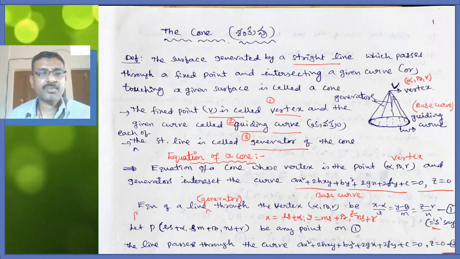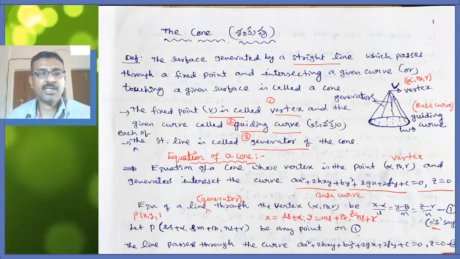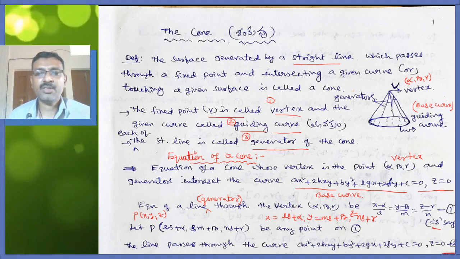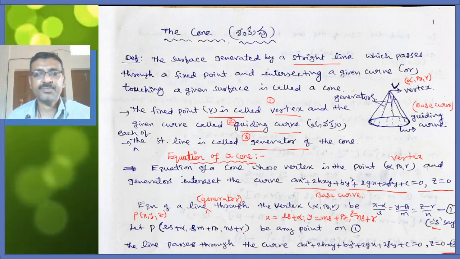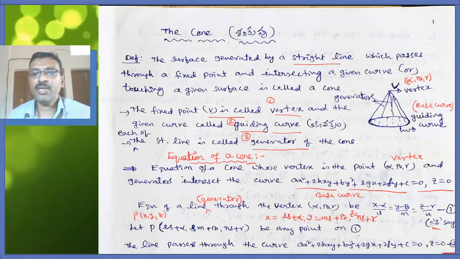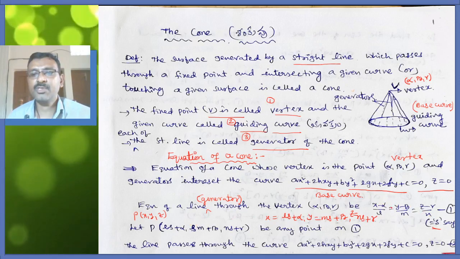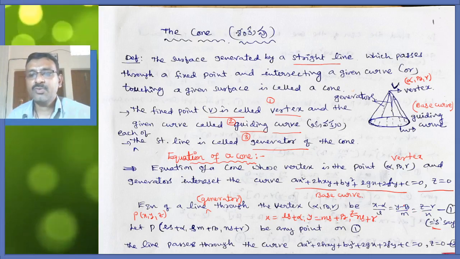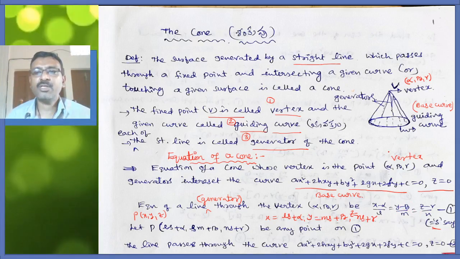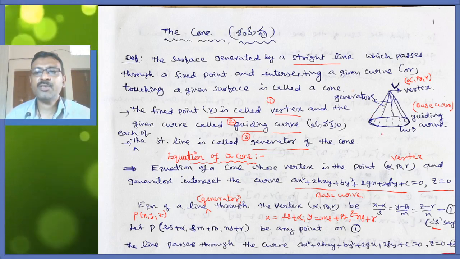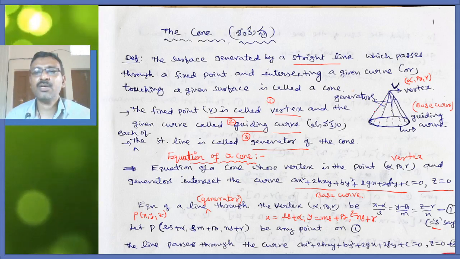So here I am writing x, y, z in terms of l, m, n, s, alpha, beta, gamma. Here P(x, y, z), in this equation 1 we have taken the terms x, y, z. What are x, y, z? x, y, z is any point on the generators. So the point also lies on the surface, that is the cone.